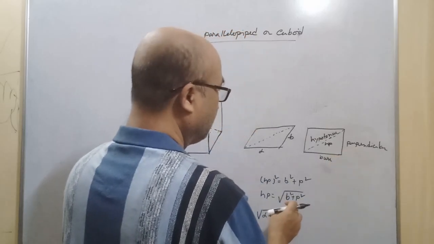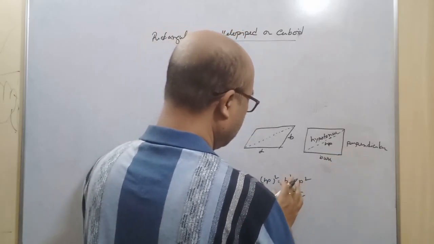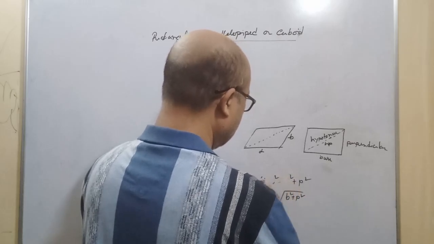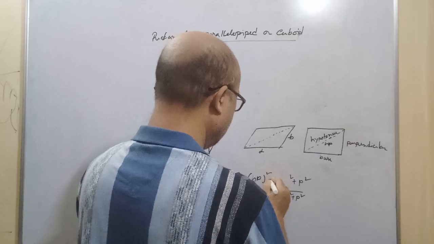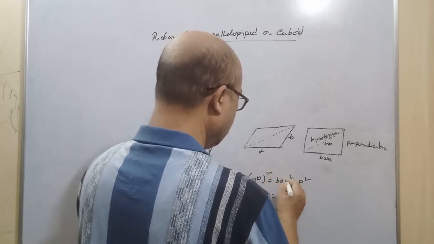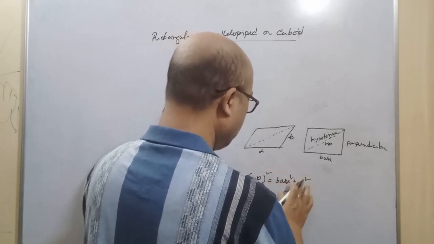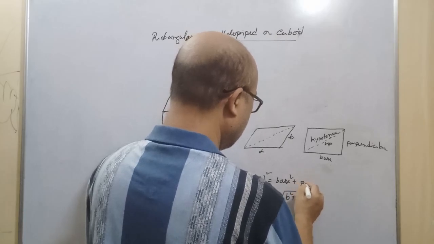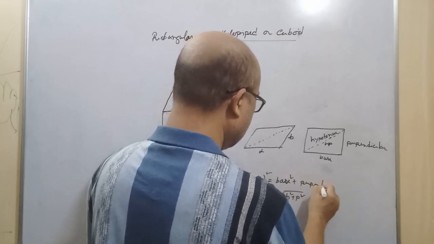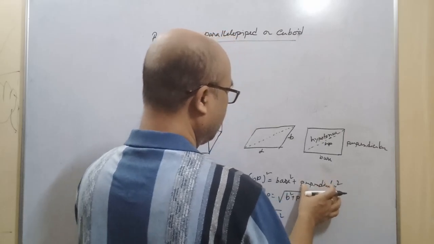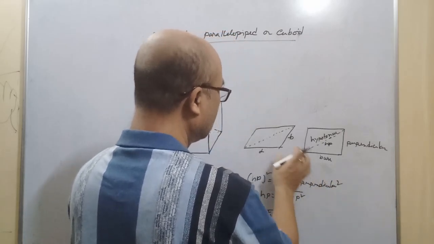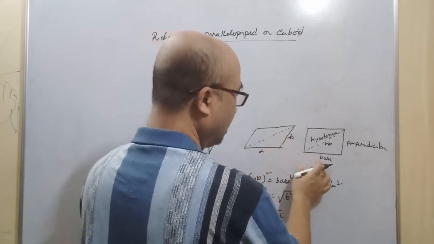In place of hp square, I will write the full name, perpendicular and base, so that you don't get confused with b and b again.